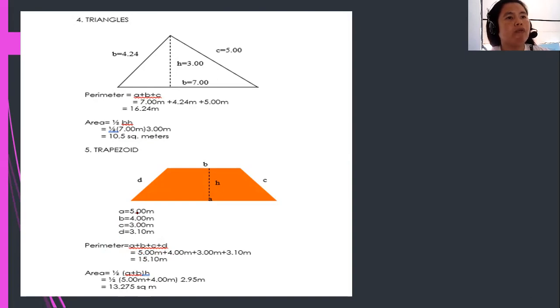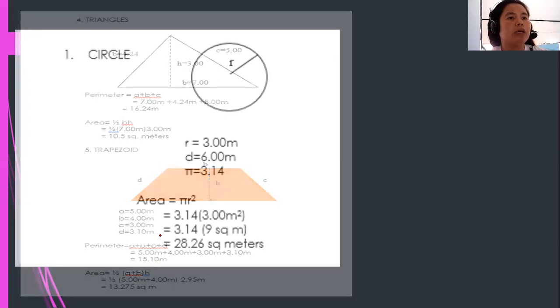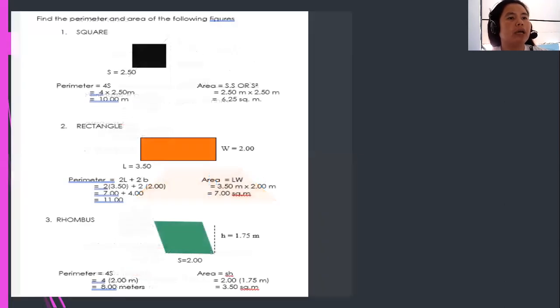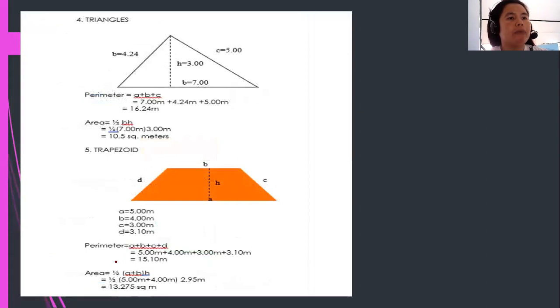A is 5 meters, B is 4 meters, C is 3 meters, and D is 3.10 meters. So we're going to add all of these. The total is 15.10 meters.